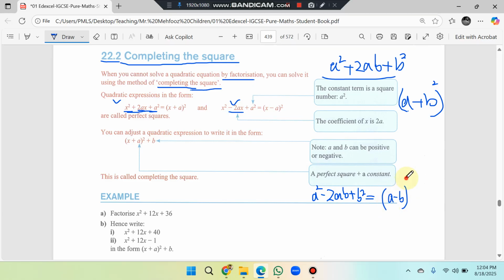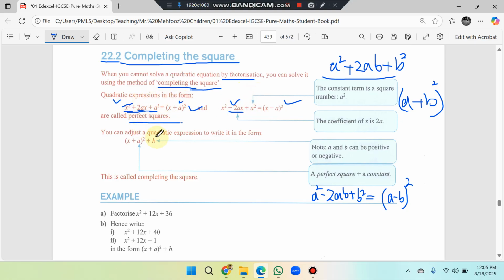Do you understand? These are the two formulas which we have studied in previous classes, and according to your previous knowledge, they are called perfect squares, because we make these expressions in the form of squares.